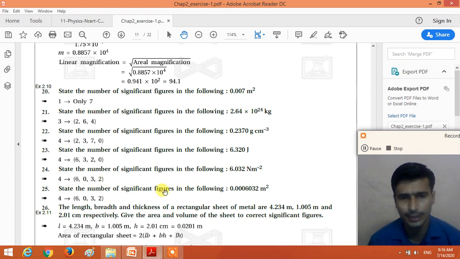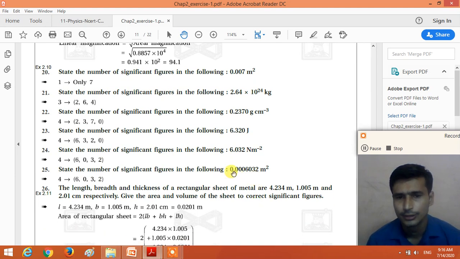Now in 0.0006032, there are four significant digits. In a number with a decimal point, the zeros on the left side of the first non-zero digit are not considered significant. So in 0.0006032 there are only four significant digits: 6, 0, 3 and 2.